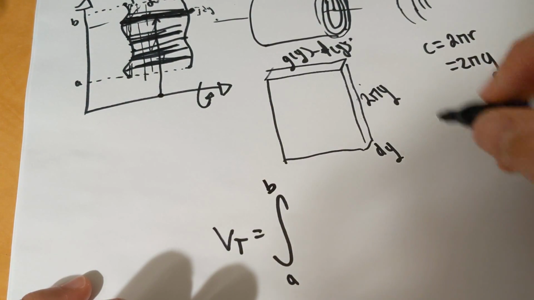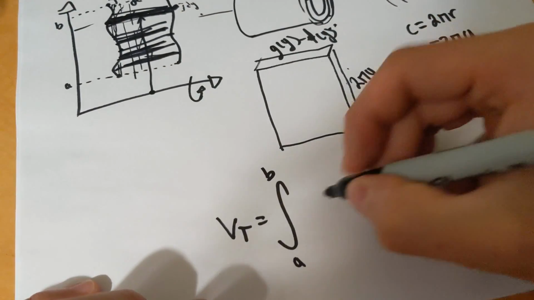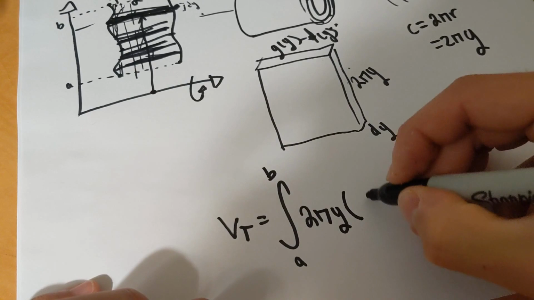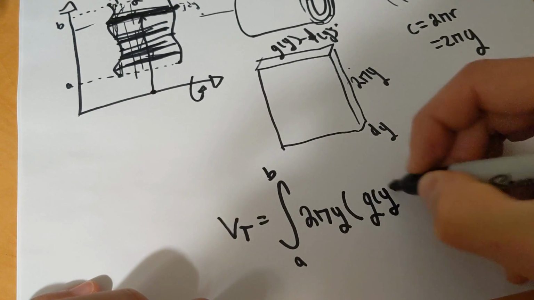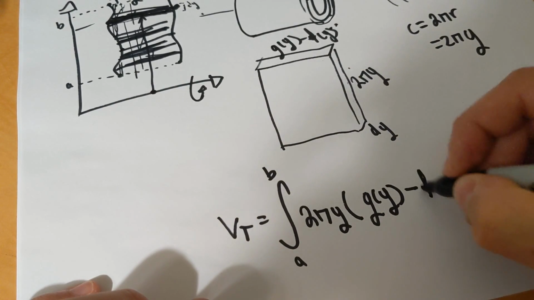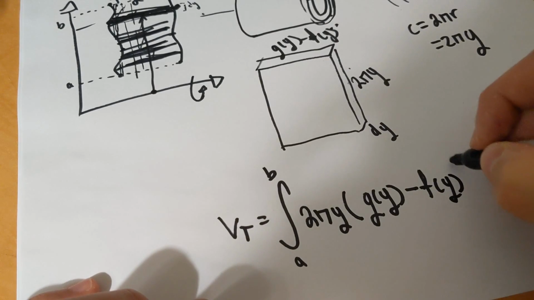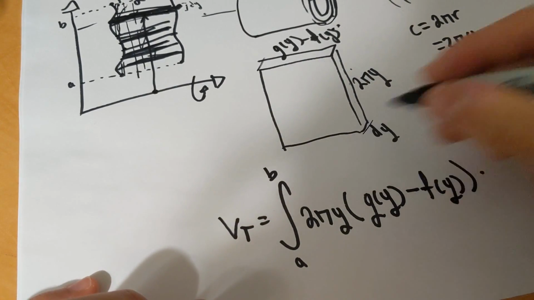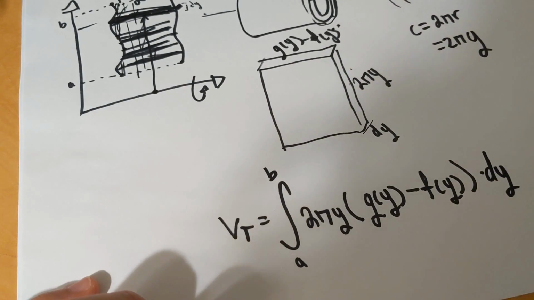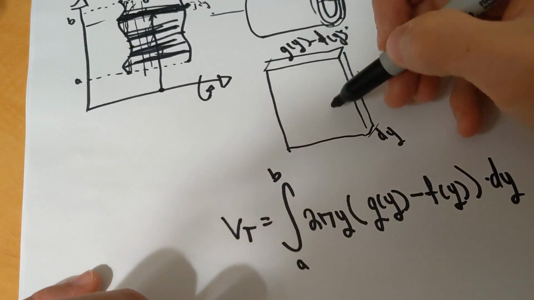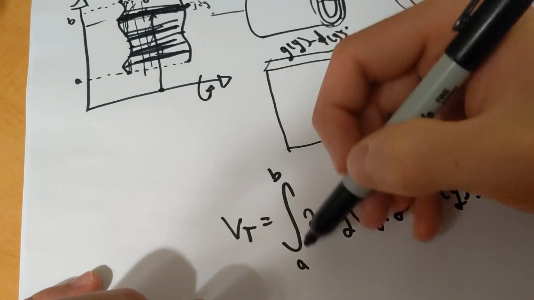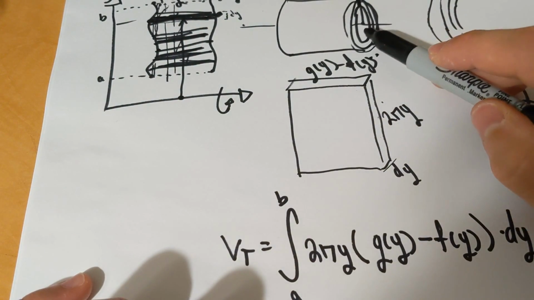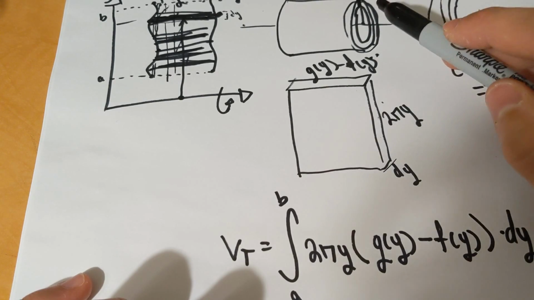And the volume of this is just 2 pi y multiplied by g of y minus f of y times dy. This gives you the volume of one shell here, and by integrating over this interval you can get all the volumes of the shells. Does that make sense?